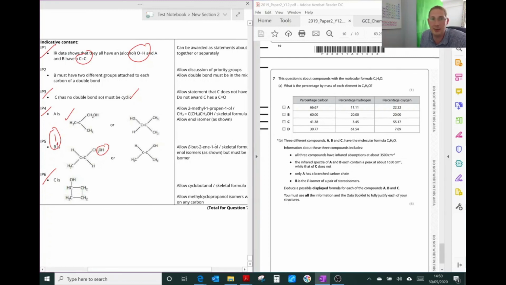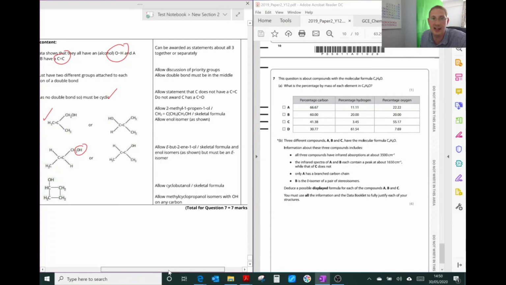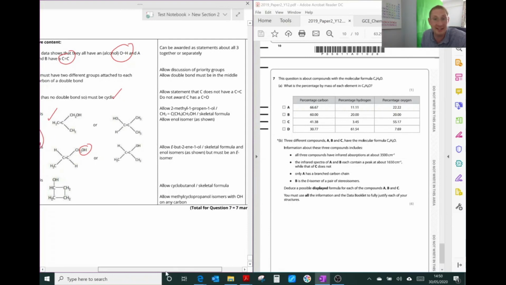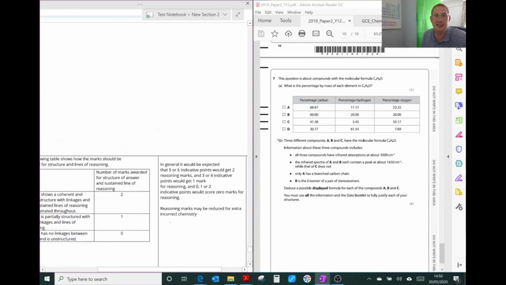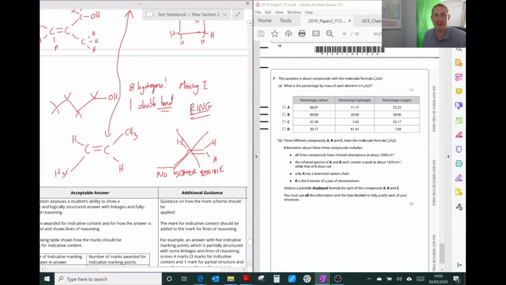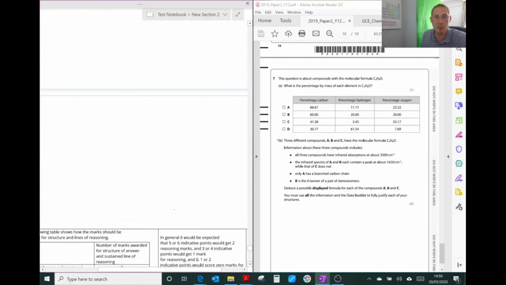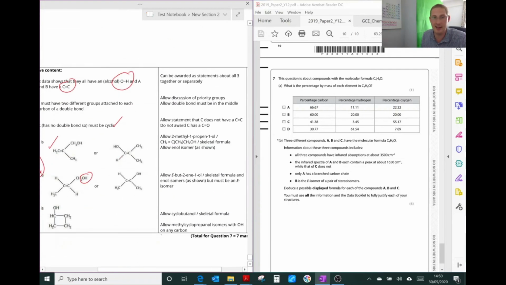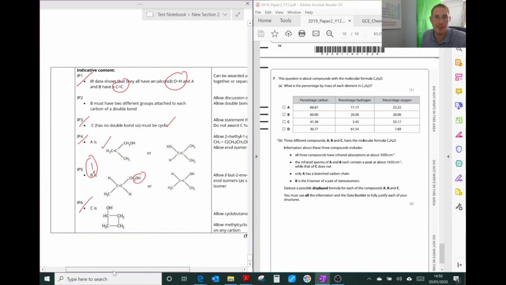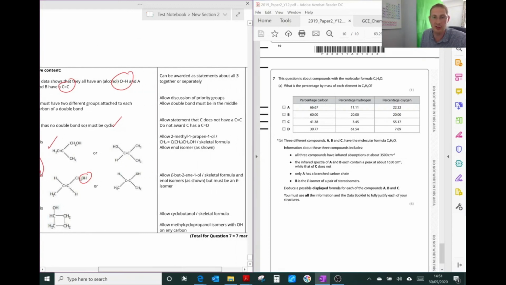For the second one, allow a discussion of priority groups, allow that the double bond must be in the middle. So I guess implicitly I did get that in my answer. So I would have got that one. So how would I have scored that?